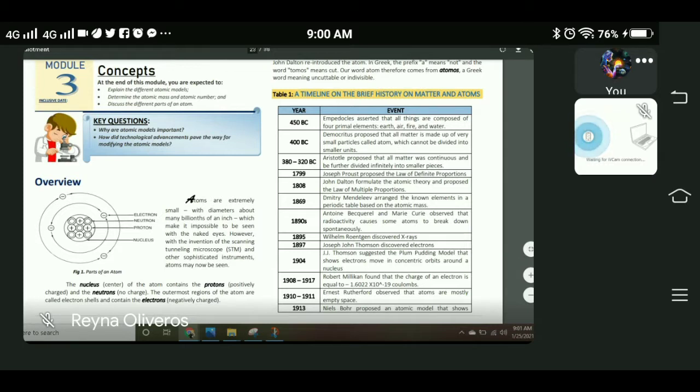Now, in 1799, Joseph Proust proposed the law of definite proportions, while in 1808, John Dalton promoted the atomic theory and proposed the law of multiple proportions.